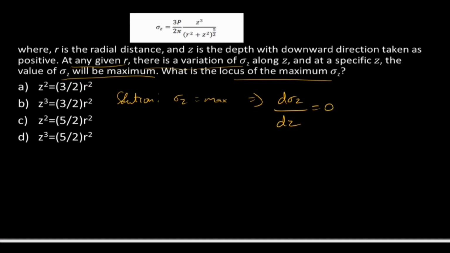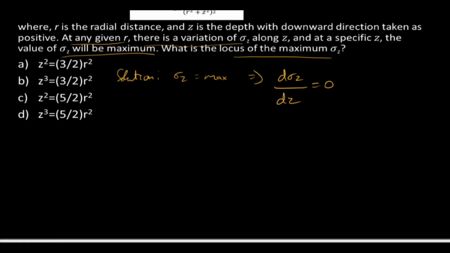So, differentiating this equation, d sigma z by dz will be equal to, so we will keep 3p by 2 pi as constant, since we are going to differentiate this part, because that constant is going to do nothing with it.